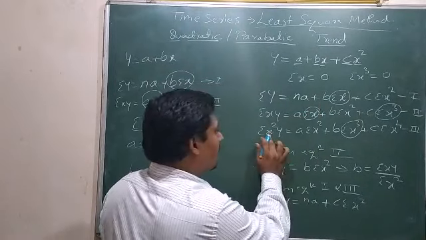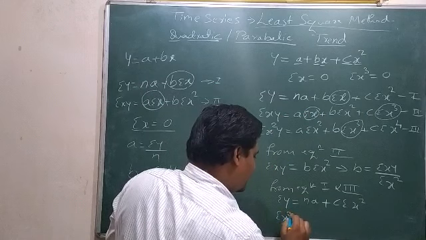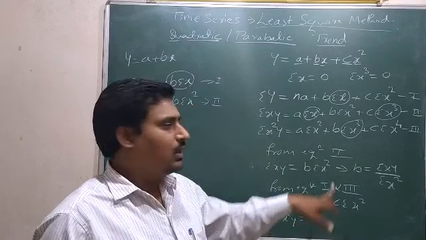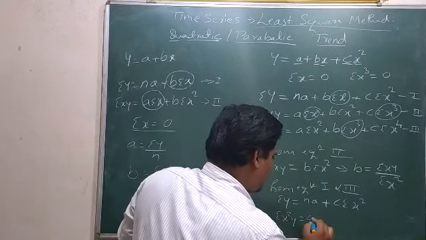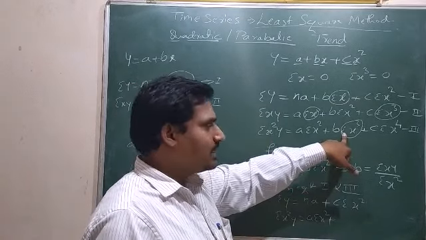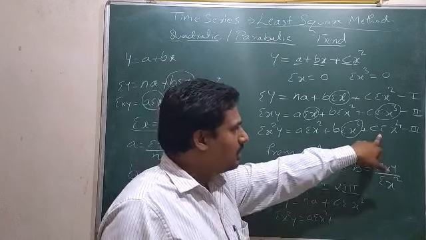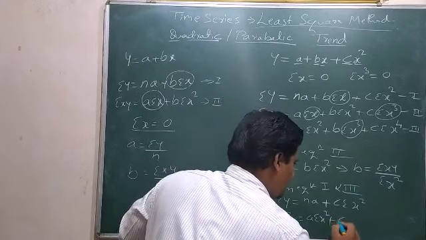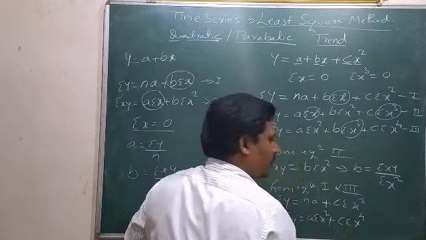Then the third equation, summation x square y is equal to a summation x square plus b summation x cube, which becomes 0, plus c summation x raised to 4.